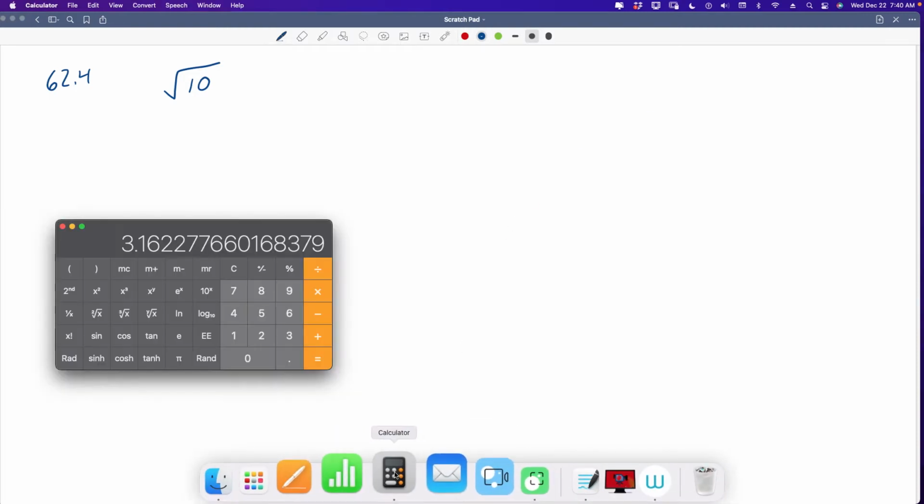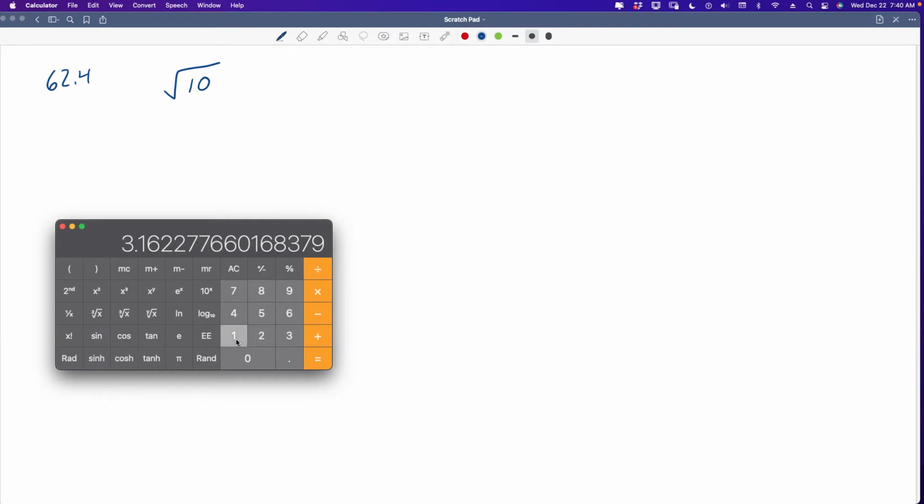All right, let's do 62.4. This says, using a calculator, determine between what two consecutive integers the square root of 10 lies. All right, so we know integers are whole numbers, right? So all we need to do is say square root of 10 is 3 point something, right?